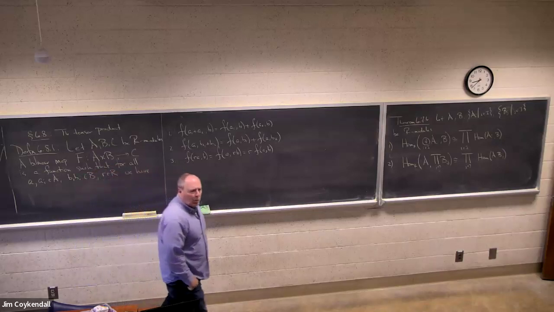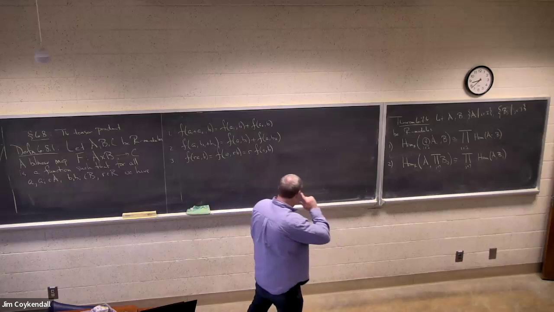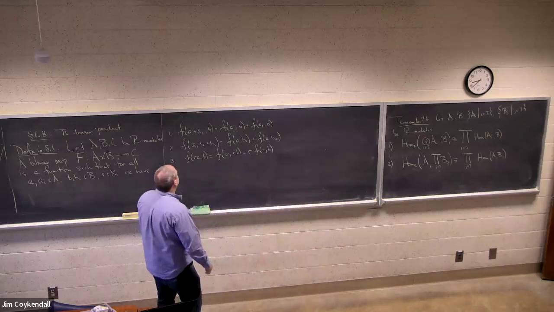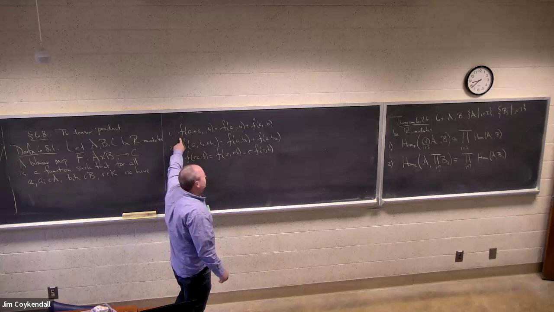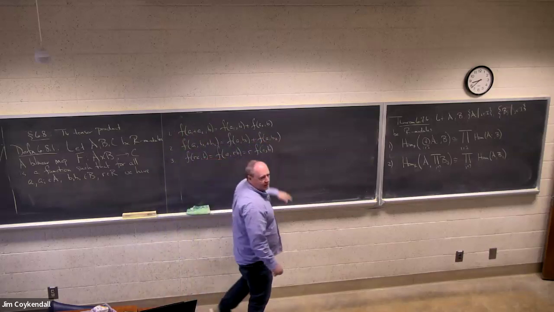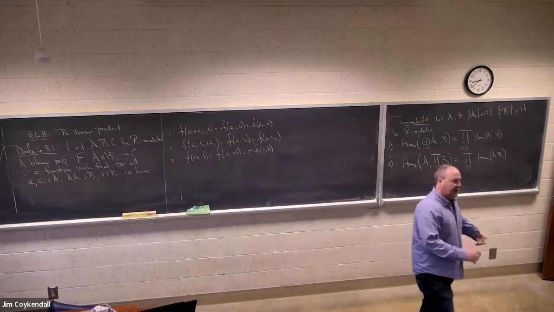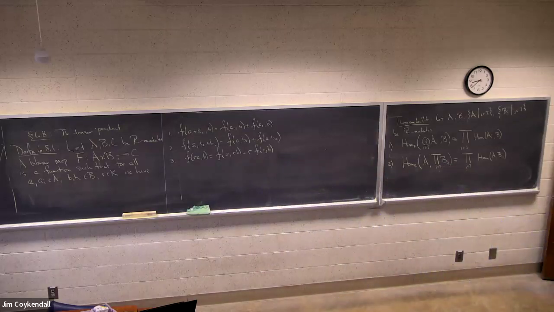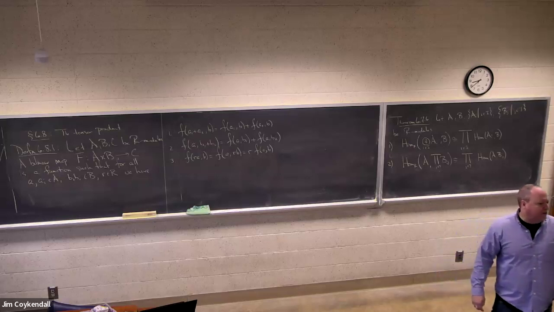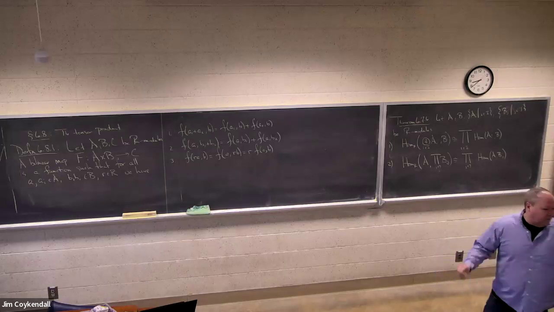Okay, so what does it mean to be a bilinear map? Here's my analog of Calc 2. What this first one says is if you freeze the second coordinate, so if you freeze B and let that be fixed, then that thing behaves like an abelian group homomorphism in the first variable. And number two, if you freeze the first variable, it behaves like an abelian group homomorphism in the second variable. It reminds me of partial derivatives: you pretend one of the variables is constant.